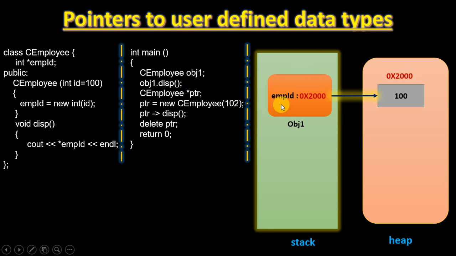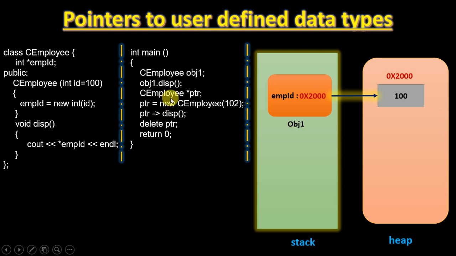This is a pointer attribute holding the address of the integer variable created in the heap segment. Next, obj1 dot display: cout star emp id, meaning the value present in this address, 100, will be printed here. No problem till now.